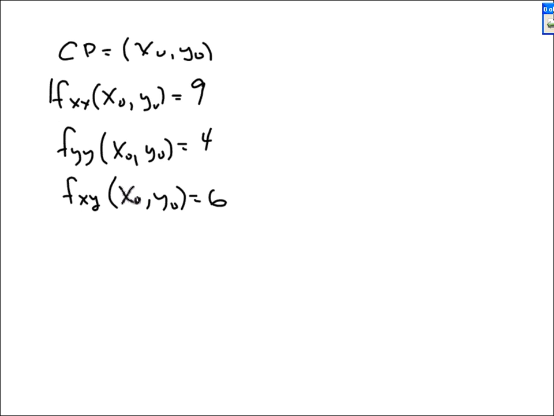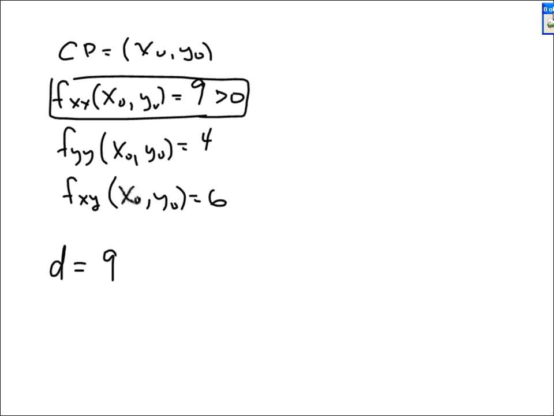Well, since this is greater than 0, we might have a min. So we have to find a D value. D is fxx times fyy minus fxy squared. 36 minus 36 is 0, implies that we don't have enough information.